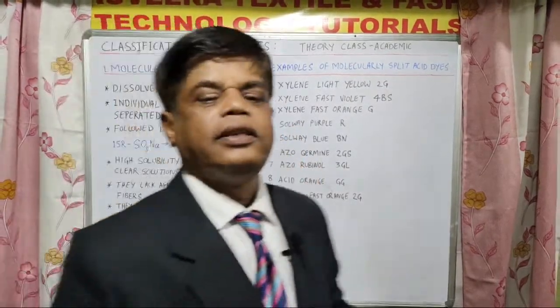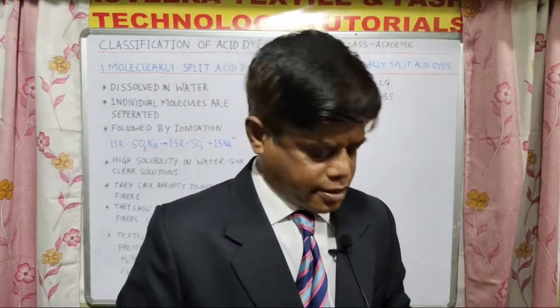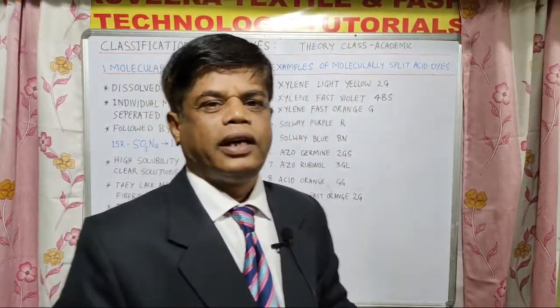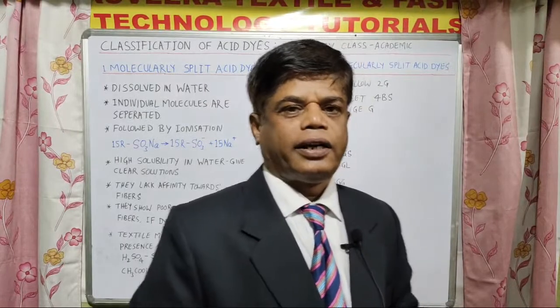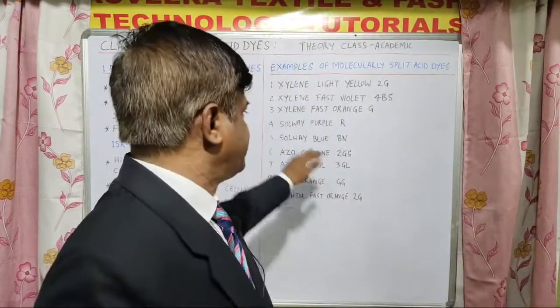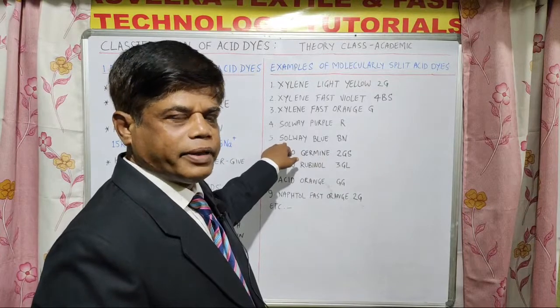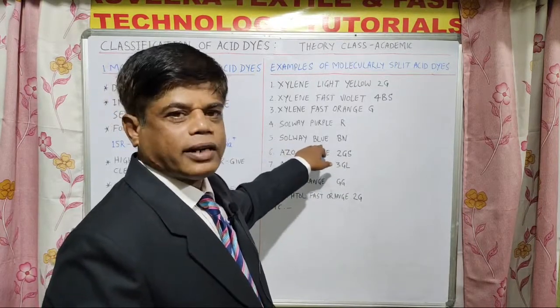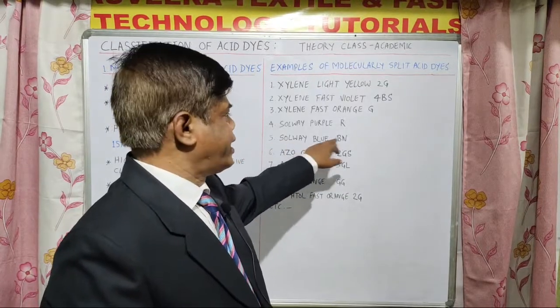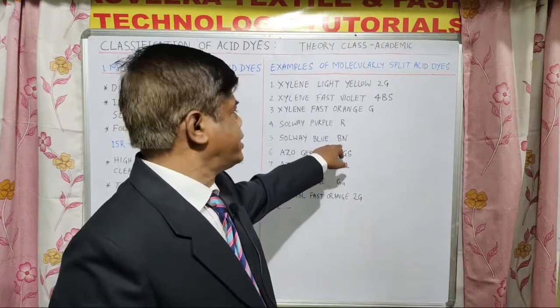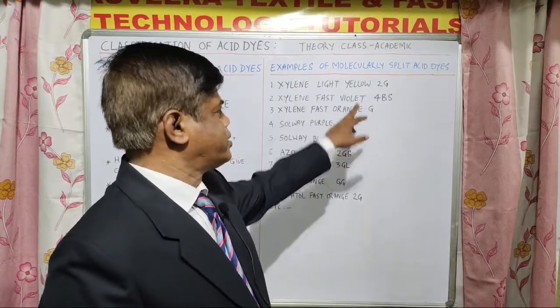Why am I giving examples? The reason is that students of textile technology, college, diploma, BTech, MTech, handloom technology, whoever is there, should understand how the dyes are available in the market, in what kinds, and what the terms are. In these terms, the brand name will be there, and the color, whether yellow, blue, or red, and the symbol will be there: PN, R, G, 4BS, 2G.